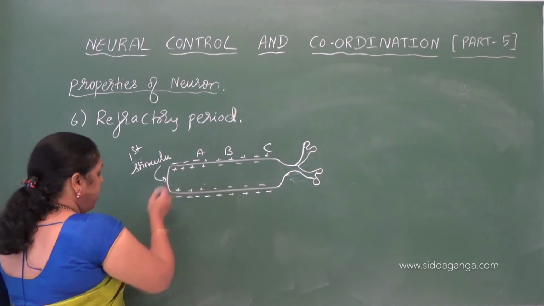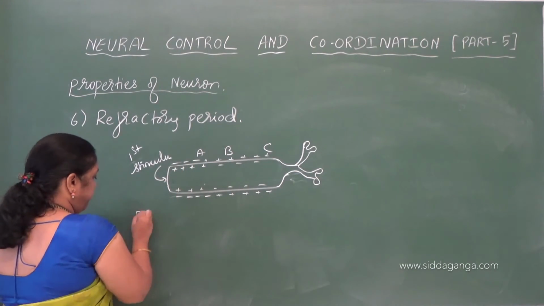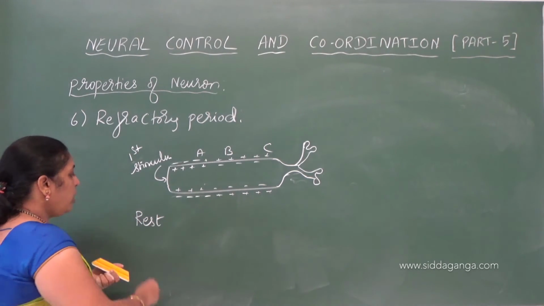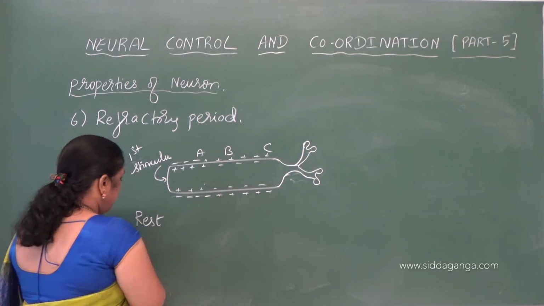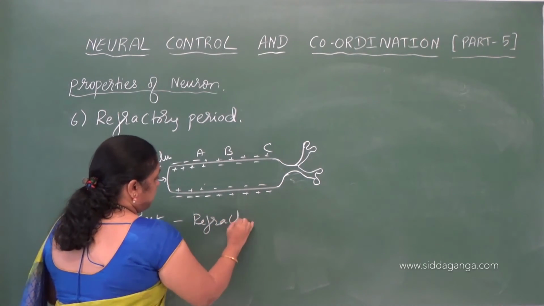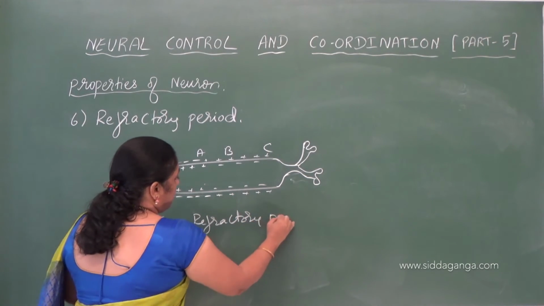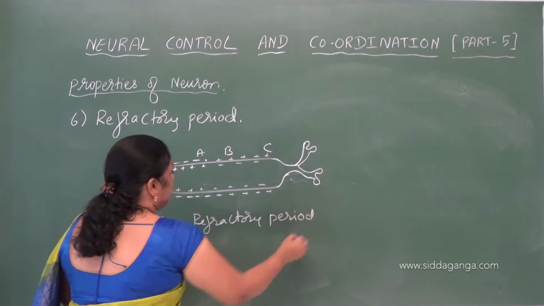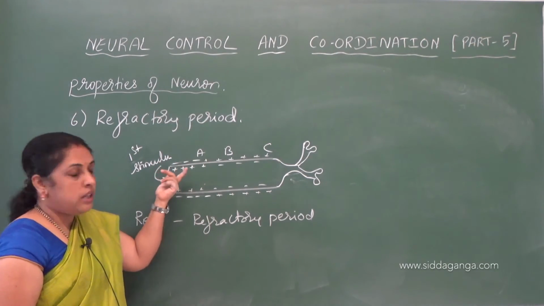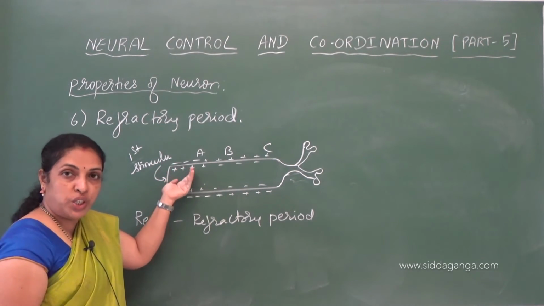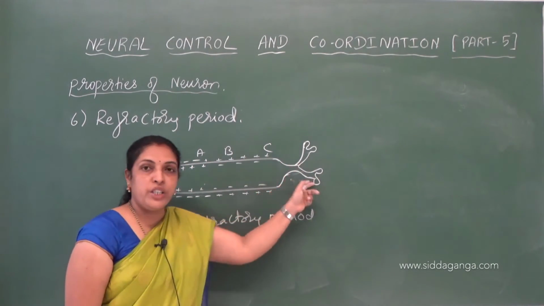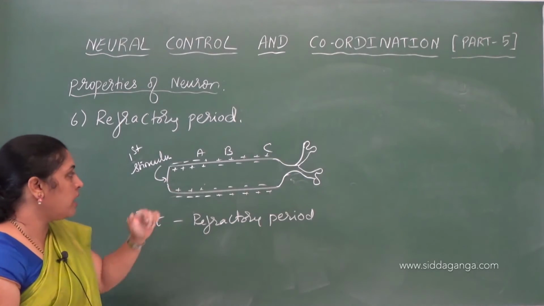Immediately the nerve will undergo rest. After conduction of impulse, the nerve will go through a period of rest called refractory period. When we apply stimulus, the action potential is generated and it is conducted along the length of the axon till it reaches axon terminals.